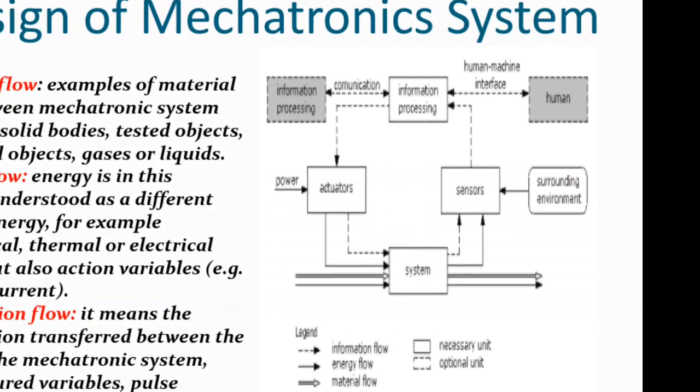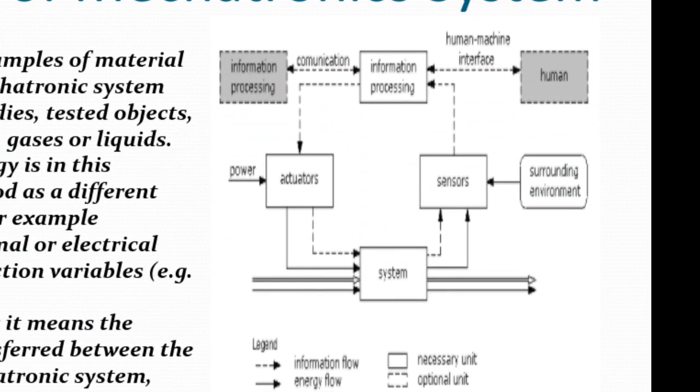So, here you can see the system with actuators and information processing sensors. Power is supplied to the actuators, then information processing takes place between human beings, and information processing communication is there between information processing and the human interface.